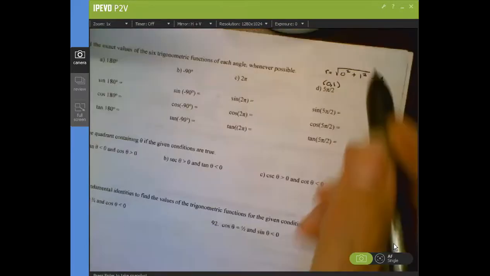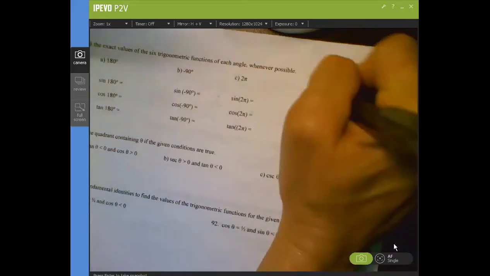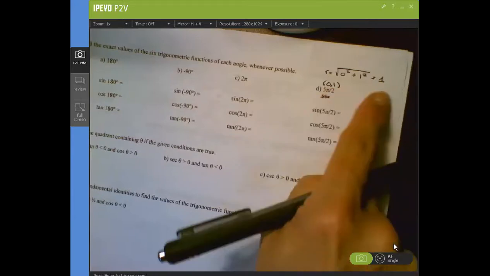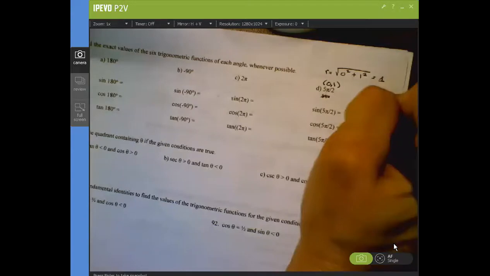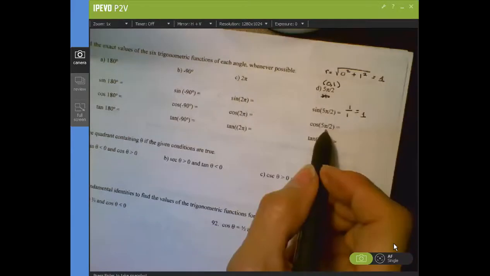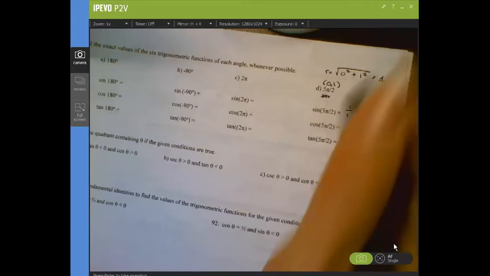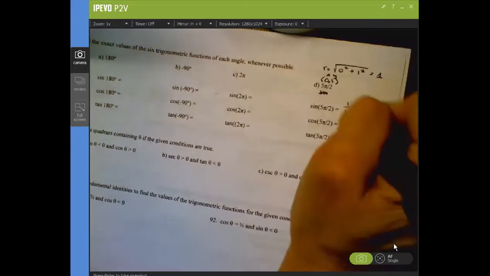So the sine of 5/2 pi is y over r, or just 1. The cosine of 5/2 pi is x over r, or 0 over 1, which is just 0.